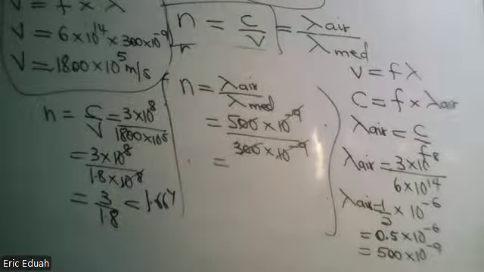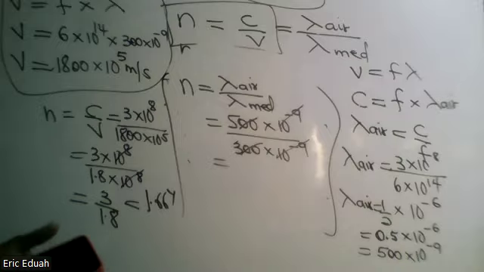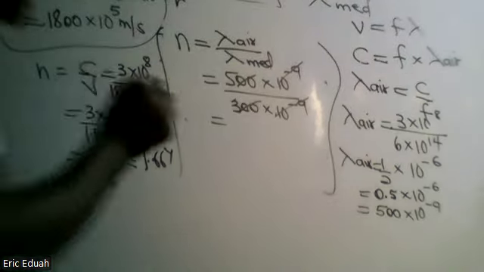No, sir, I meant when you got 0.5 times 10 to the power negative 6, I didn't get how it became 500 times 10 to the power negative 9. Okay, I get you. I was just trying to express that in standard form.